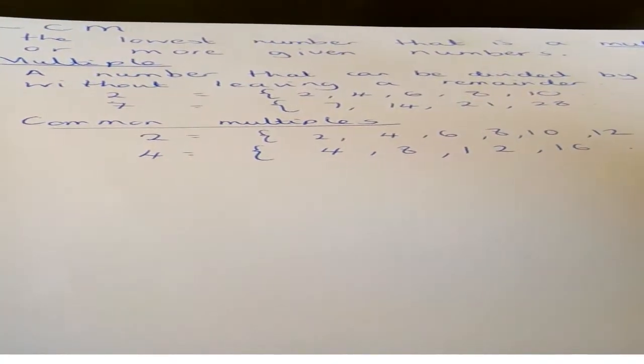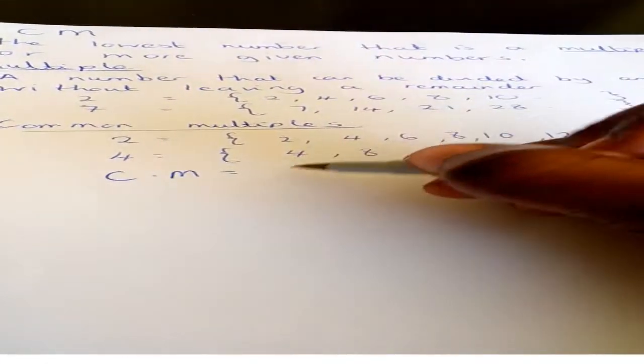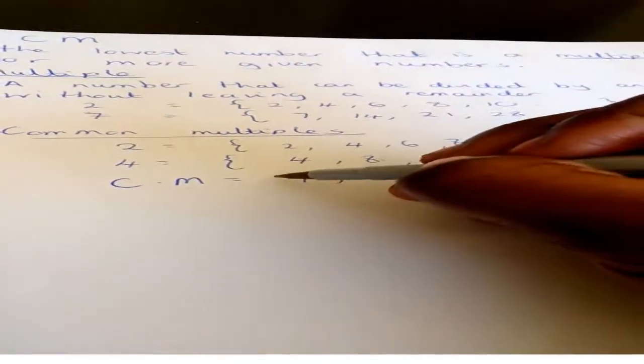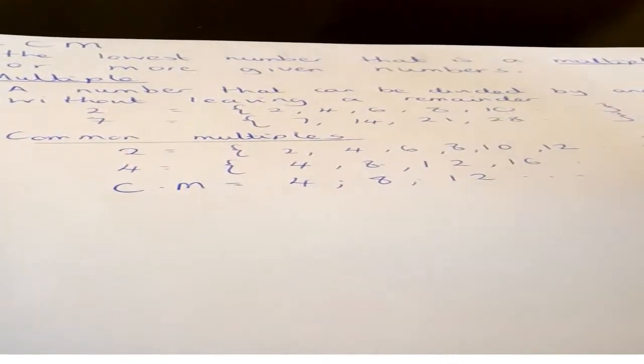To say what are the common multiples of 2 and 4 in these two sets, the common multiples of 2 and 4 are the numbers that are multiples of both numbers. 4 is a common multiple of 2 and 4, 8 is a common multiple, 12 is a common multiple, and so on.